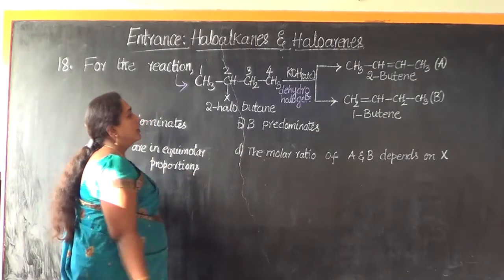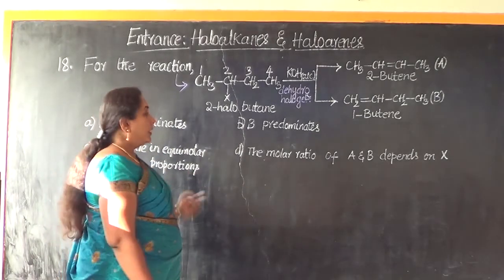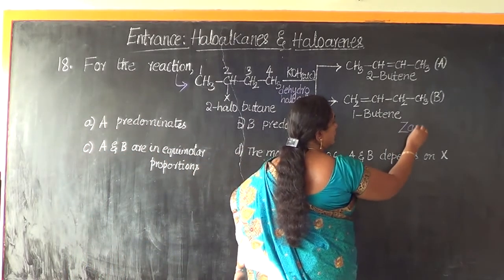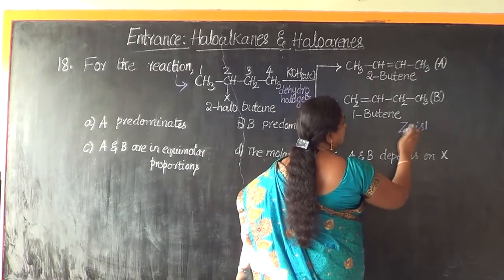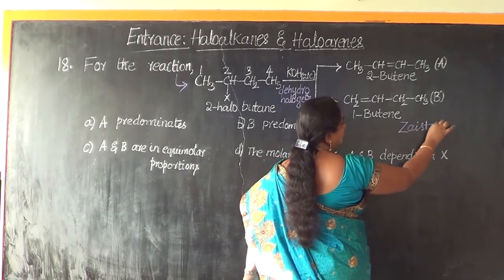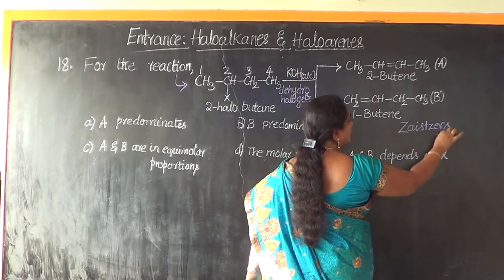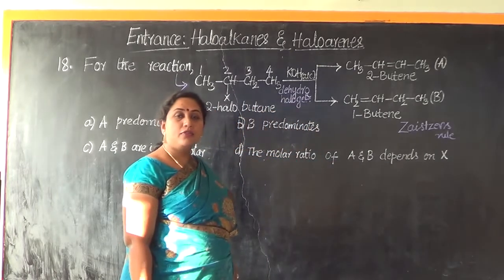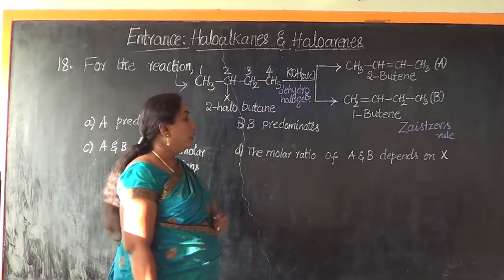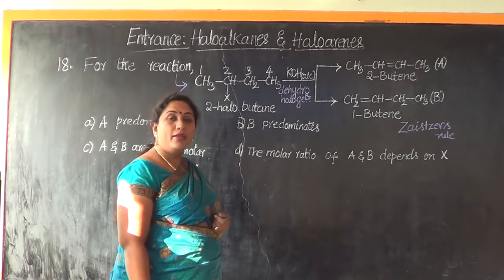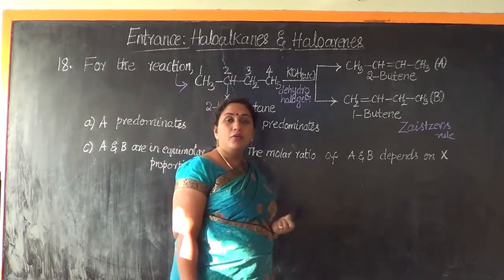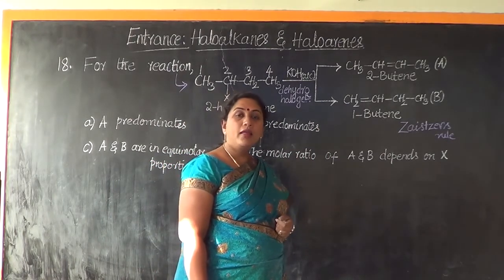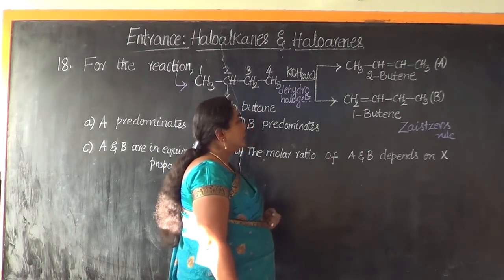Now just by looking at the equation and the process, we can easily identify that we are talking with respect to Saytzeff's rule. What is Saytzeff's rule telling us? It tells us that whenever a haloalkane can undergo dehydrohalogenation in more than one way, the preferred alkene is the one which is highly substituted.